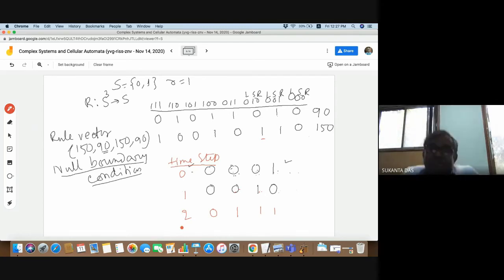Now here, from one configuration, I'm moving to another configuration. From that configuration, I'm moving to another configuration, right? If I represent this predecessor-successor relation in graphical mode, then I get a graph.